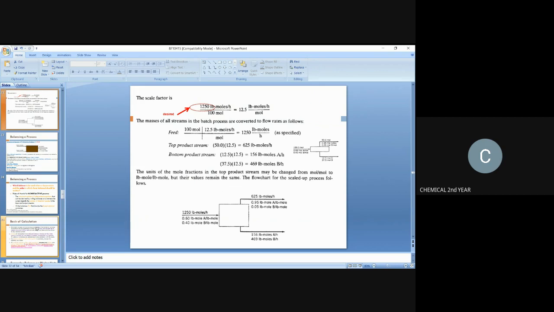The units of the mole fraction in the top product stream may be changed from mole per mole to lb mole per lb mole, but their values remain the same. The flowchart of the scaled up process is as follows.